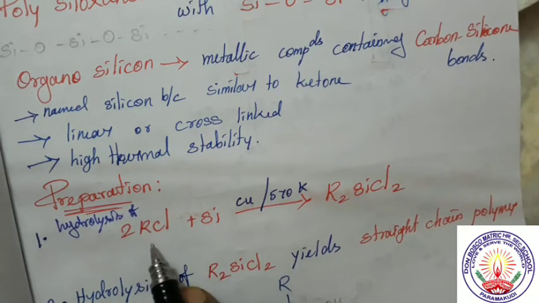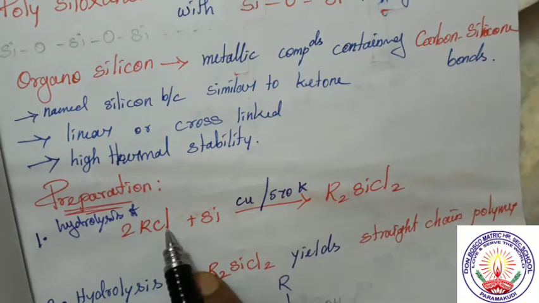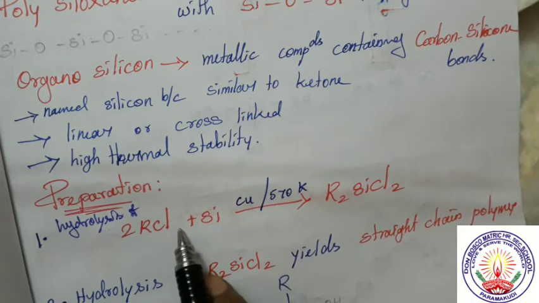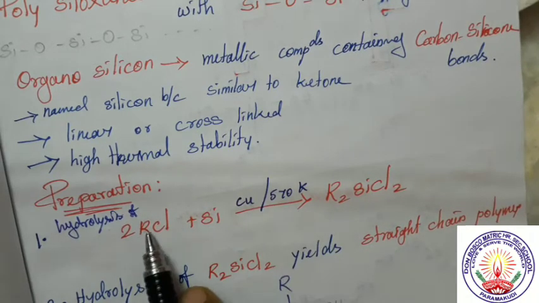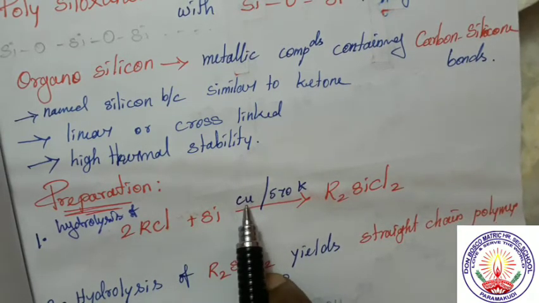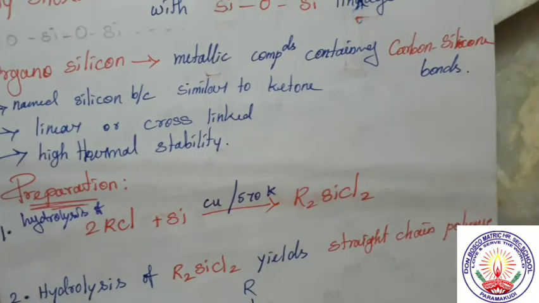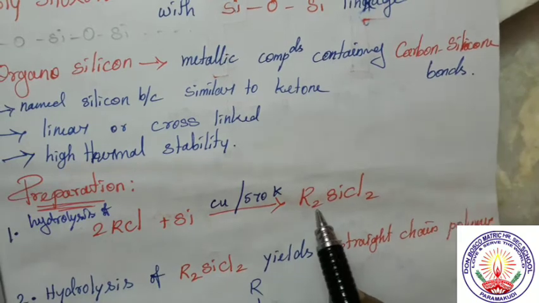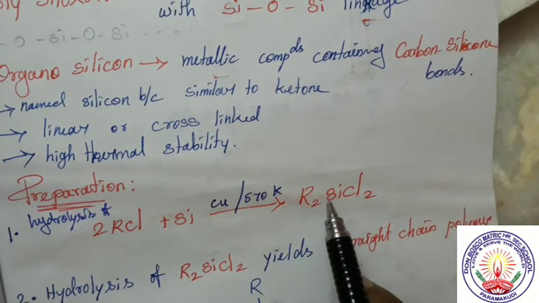Here R symbolizes alkyl. When this vapor is passed through silicon using copper as a catalyst at 570 Kelvin, we are getting dialkyl dichlorosilane.